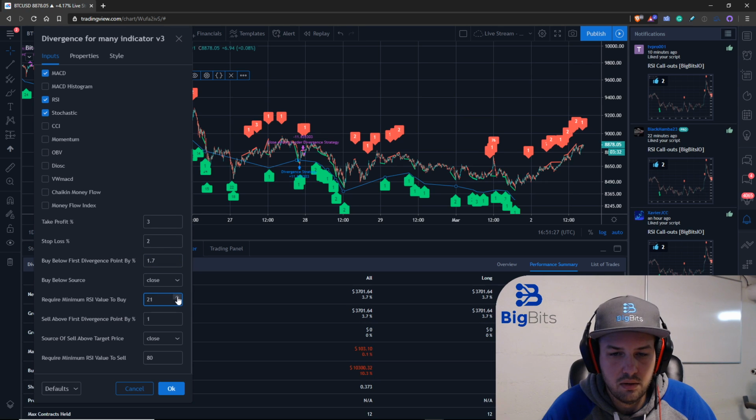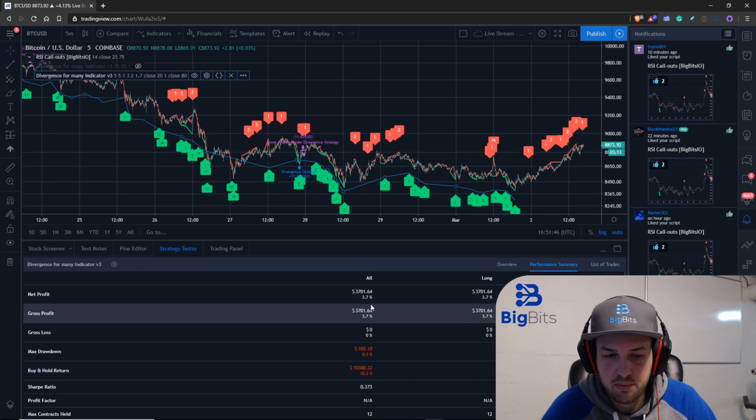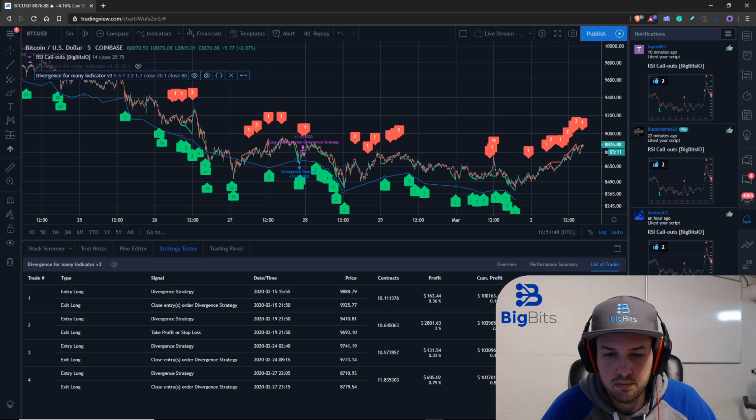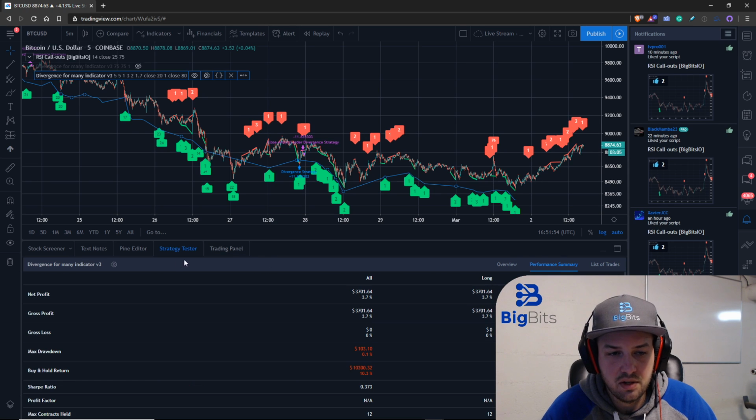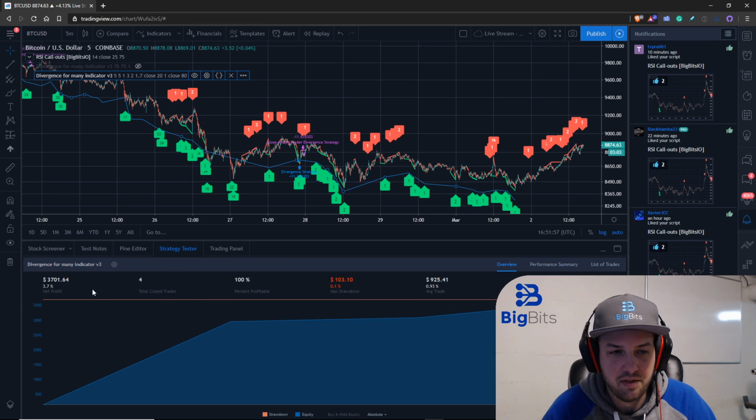Let's see if we can raise the RSI, because if we've already dropped that much, it might work out. Yeah, it didn't matter too much. Even going lower. All right, so that's not terrible. 3.7%. No failed trades. I'll definitely take that. It's just not doing enough, I think.